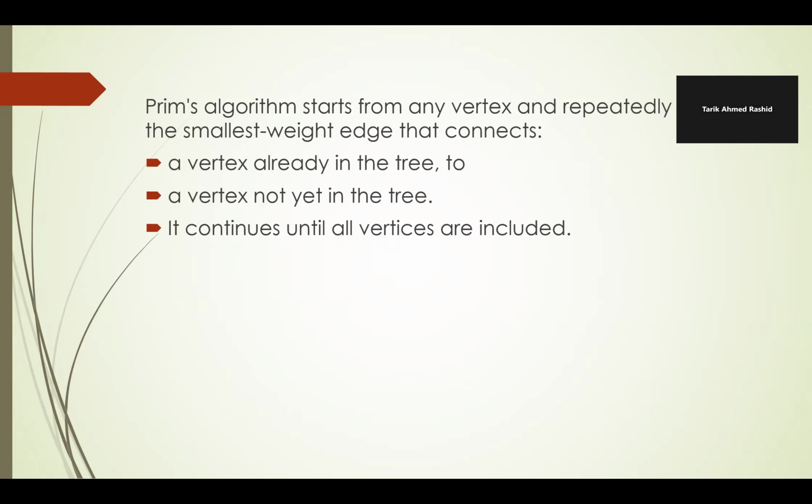Now, Prim's algorithm starts from any node, and then repeatedly we take the smallest edge and connect it to any node in the subgraph that was selected. This continues until all nodes are included. The subgraph cannot be a minimum spanning tree if it does not include all the vertices that we have originally.